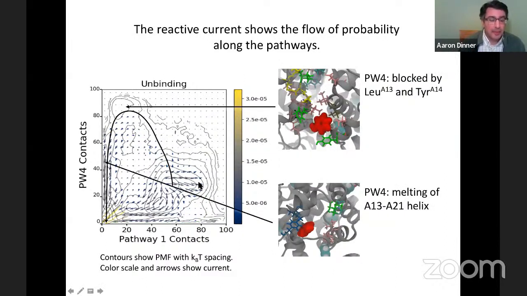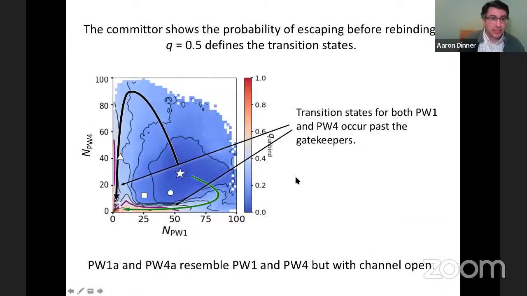Okay, pathway 4, instead we go up and then down in this representation, and as we come along the axis here, an interesting thing is that there's some melting of one of the helices of the A chain. Okay, so those are pathways 1 and 4. We can look at where the transition states are along those pathways.